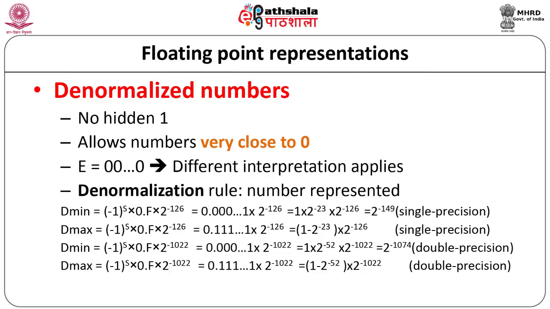There is a D minimum, which is around 2 raised to minus 149 in single precision, D max, which is around 1 minus 2 raised to minus 23 into 2 raised to minus 126 in single precision, D minimum around 2 raised to minus 1074 in double precision, and D max, which is equivalent to 1 minus 2 raised to minus 52 into 2 raised to minus 1022 in double precision.